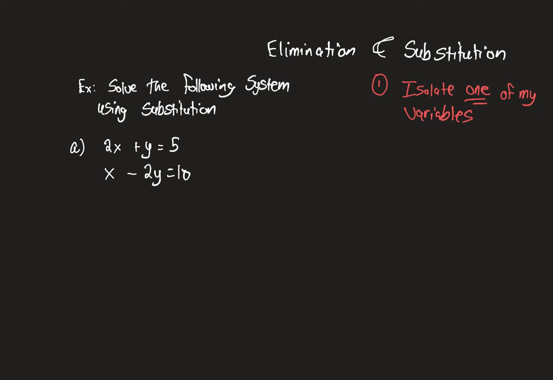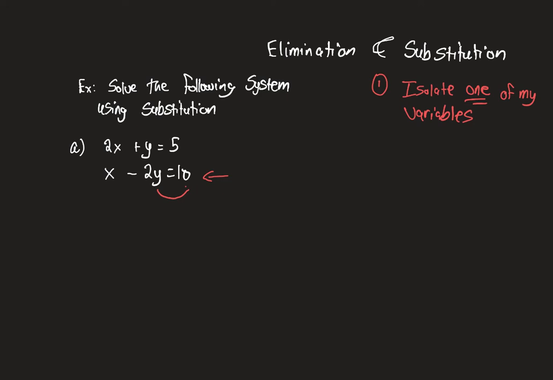Okay? It could be any of them. I could isolate x, I can isolate y. In this case, I'm going to try to isolate x, and I'm going to do it from the second equation because it looks the easiest. So I'm going to use this equation. I'm going to get x by itself.